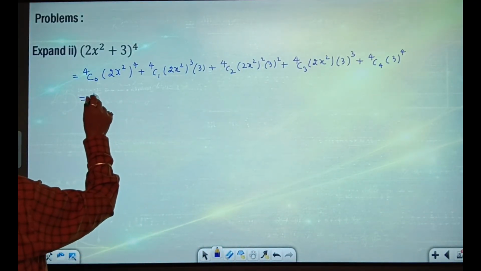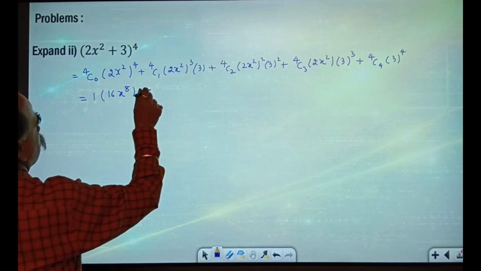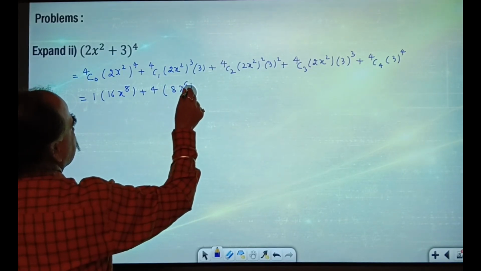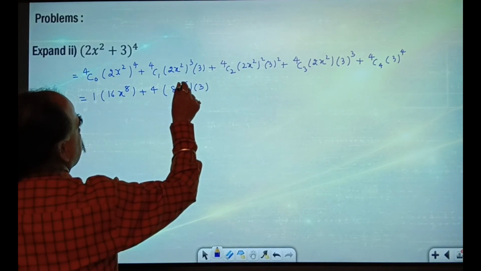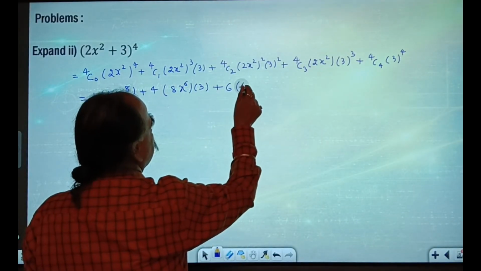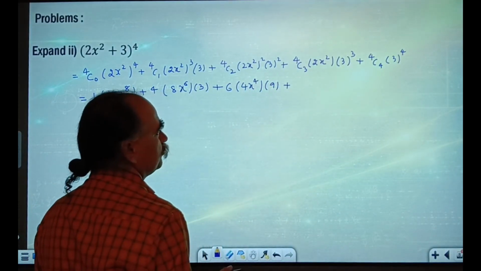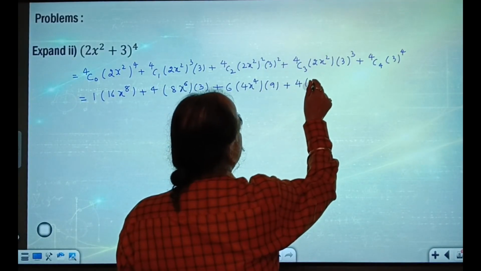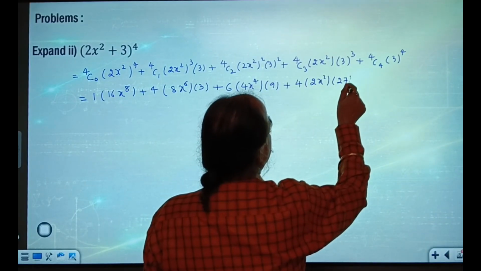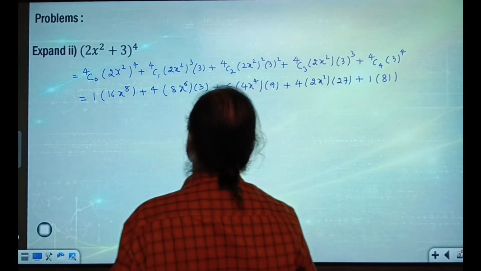Any number C0 is 1, 2 raised to 4 is 16, x raised to 8. 4c1 is 4, 2 cube is 8, x raised to 6 into 3. 4c2 is 6, 4x raised to 4 into 9, plus 4c3 is 4, 2x square into 27. 4c4 is 1 into 81.